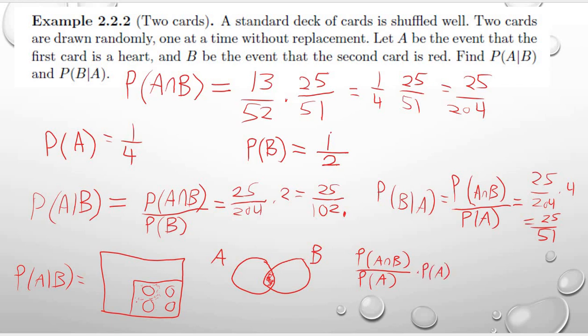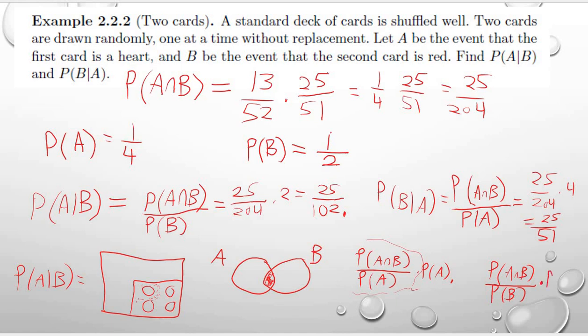So this expression here is the conditional probability, and it is the fraction that this colored region occupies of this circle A. On the other hand, we could also write the fraction that A intersection B is of B. So now I'll be directing my attention to circle B, and I'll say this shaded region divided by this whole circle B is of interest to me, and that fraction is my conditional probability.